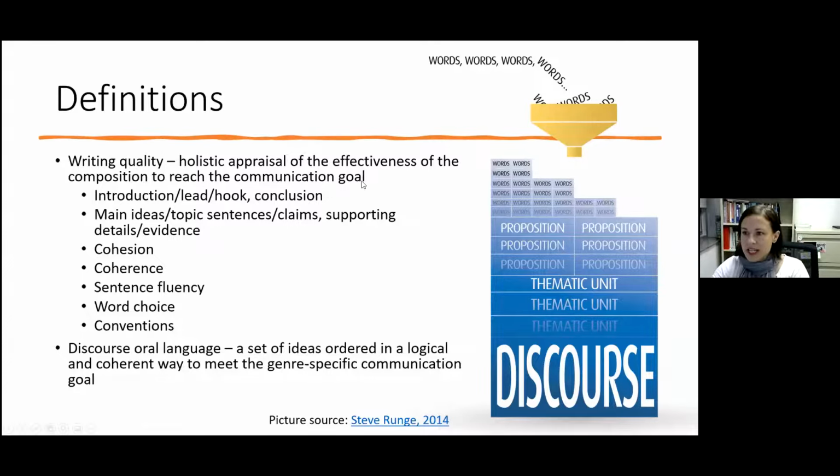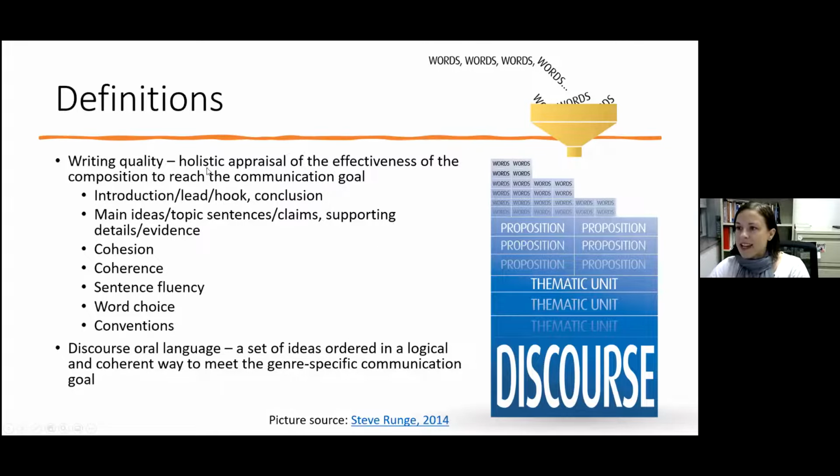What's interesting is that most of these things, even though they're very different, tend to all hang together, in that students with good writing quality tend to have most of these pieces, and students with poor writing quality tend to have fewer of almost all of these pieces.